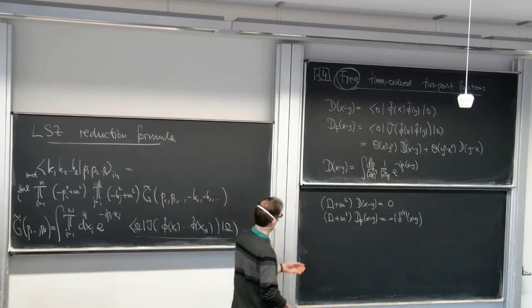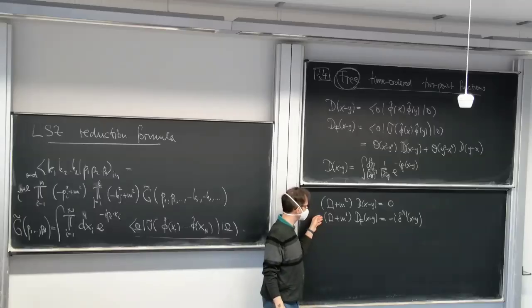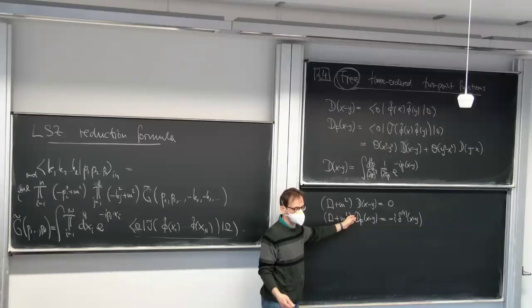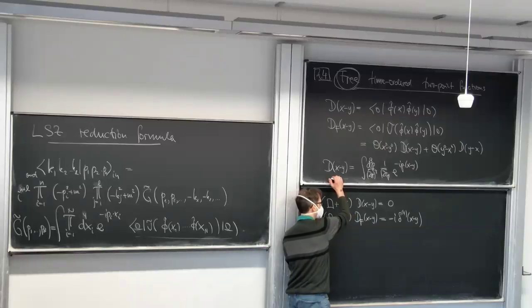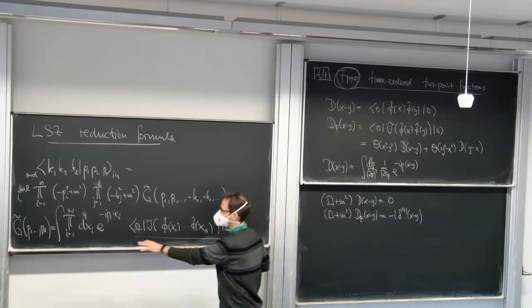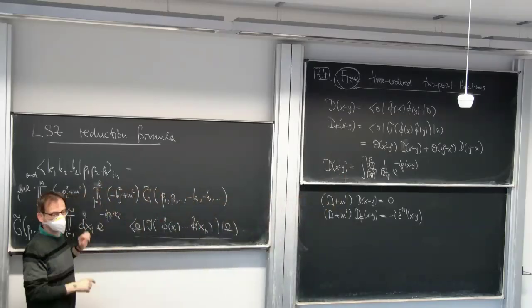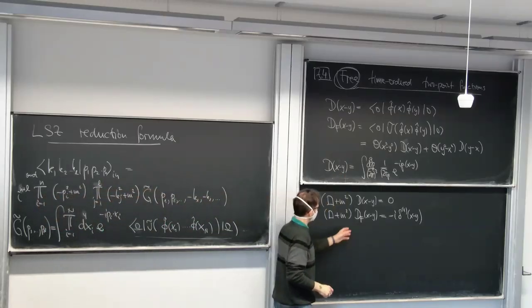And so now we can use this equation to find an expression for D_F by going first to Fourier. I really want the Fourier representation. Why? Because this is all Fourier bits. So, how does this work?